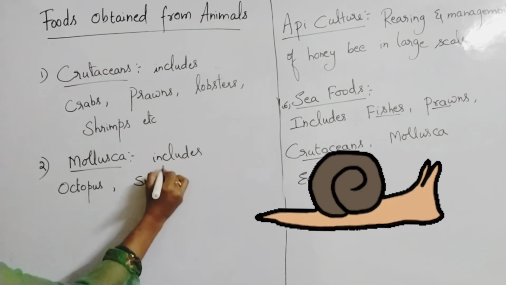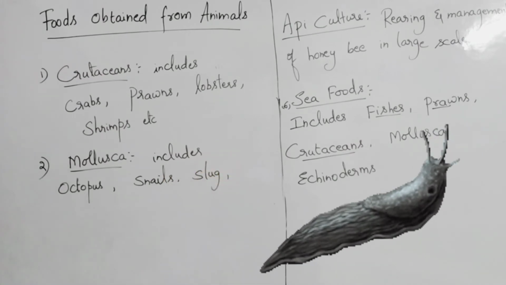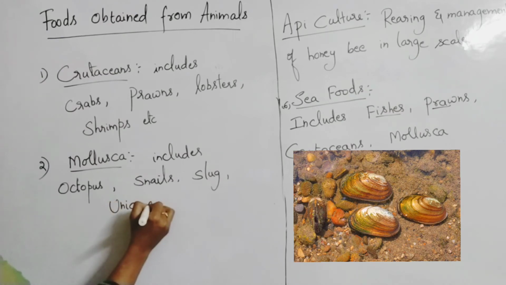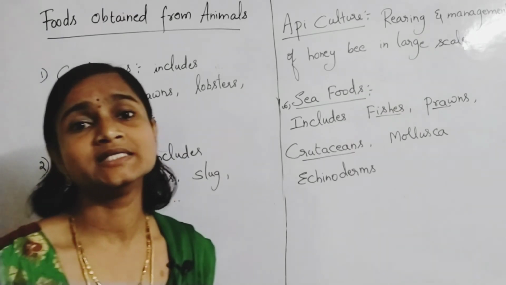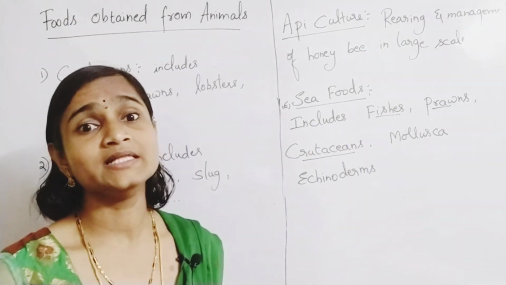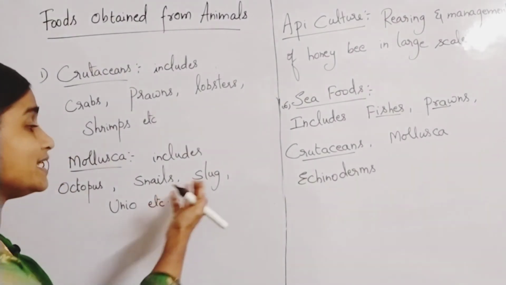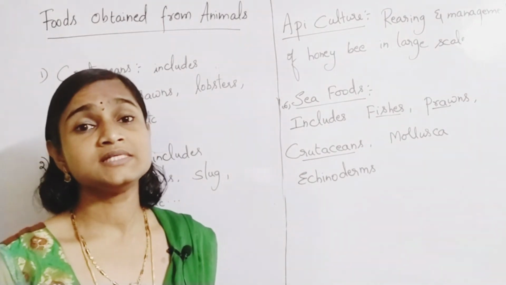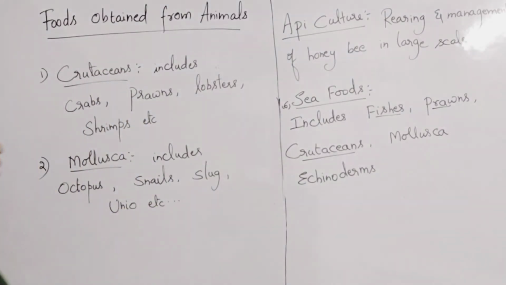Snails, slugs, and unio, all these come under mollusca. People eat snails and octopuses. All these are sea animals which come under the phylum mollusca.